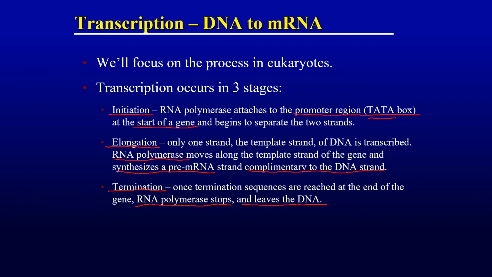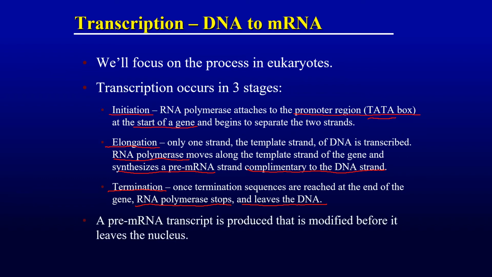Initiation is where it joins, elongation is where it moves along the DNA and produces a strand of pre-messenger RNA, and termination is where the process stops. So once the pre-messenger RNA transcript is produced, it's modified before it leaves the nucleus, and we'll look at that RNA processing step in a later concept.